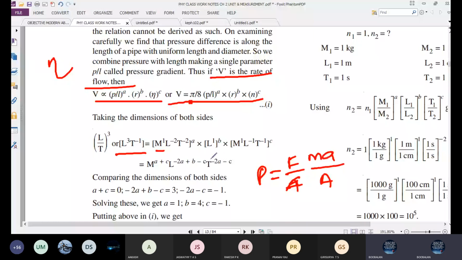Next, area dimension formula is L squared. So L power 1 into L power minus 2 into L, finally you will get M power 1 L squared L power minus 2, T power minus 2. This is the pressure by L dimension formula.